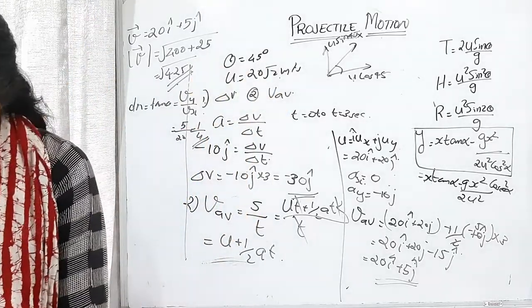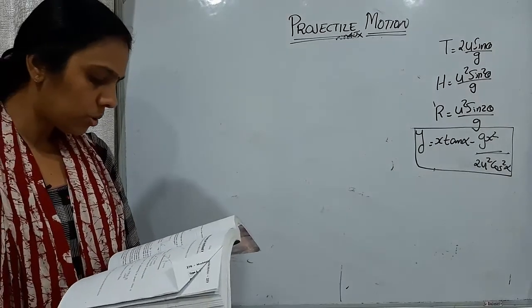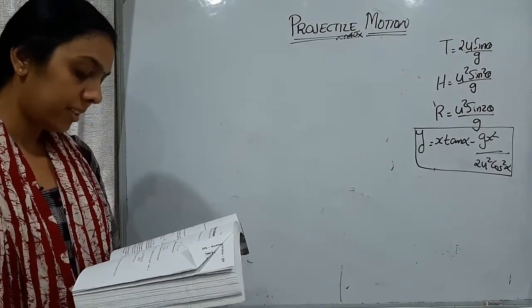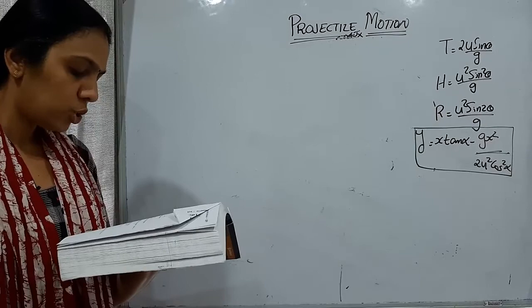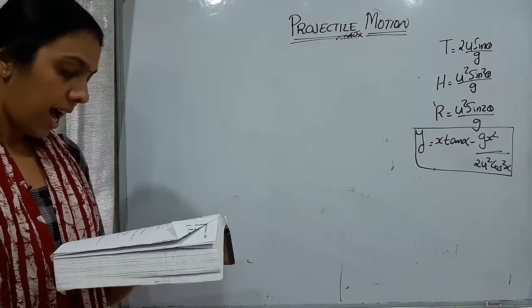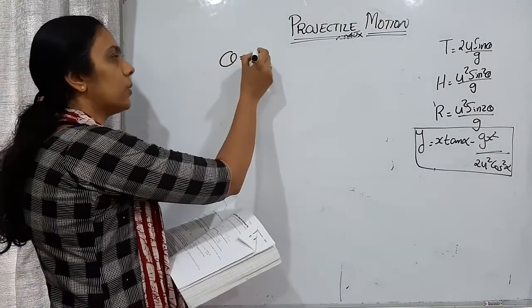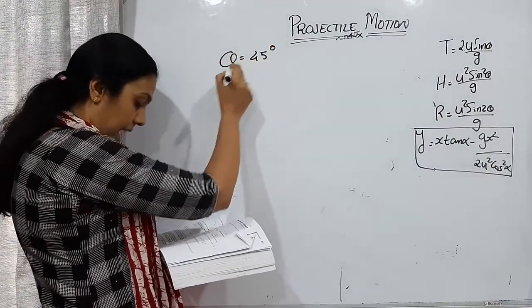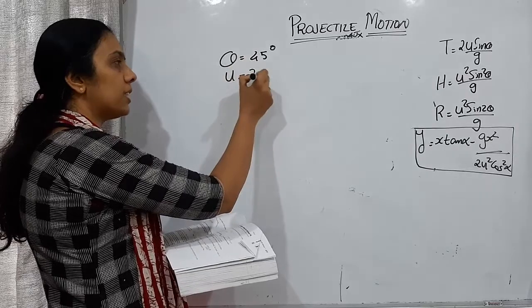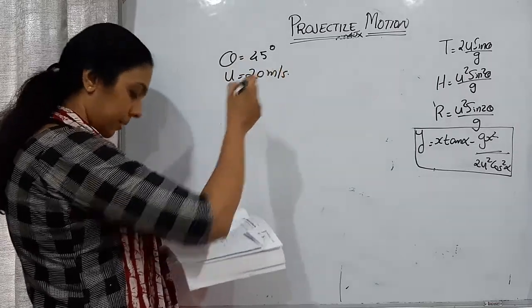Okay, so the next question is: the coach throws a baseball to a player with an initial speed of 20 meter per second at an angle 45 degree with the horizontal. So theta equals 45 degree and initial velocity is 20 meter per second.